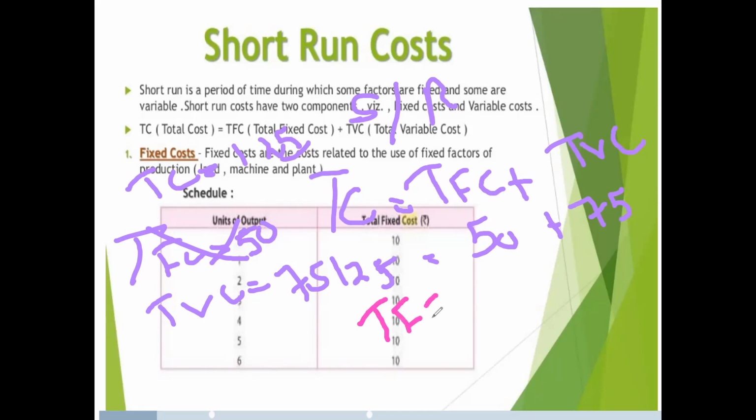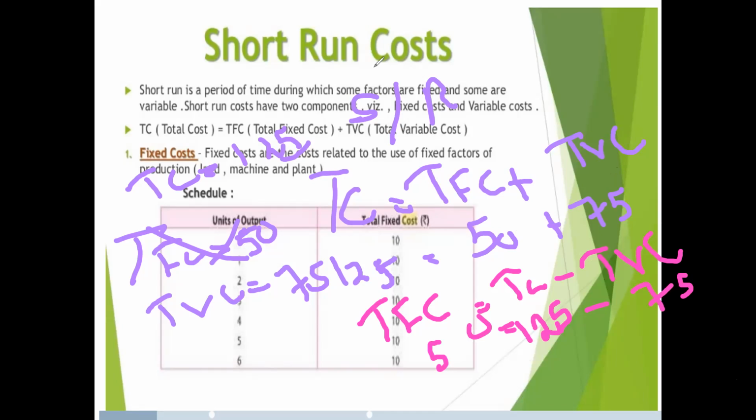What we should do is, TFC means TC minus TVC, right? We know the value for TC is 125 and TVC is equal to 75. Then the value for TFC is equal to 50.